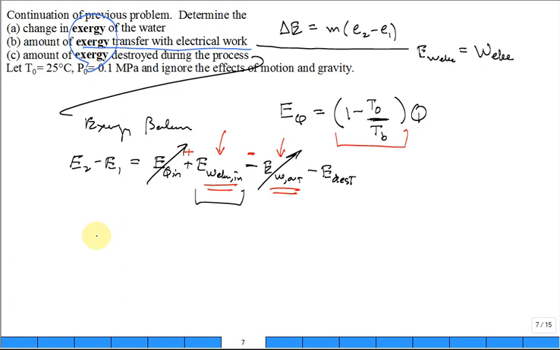So what we find is that the exergy destruction is equal to negative the change in the exergy plus the exergy transfer with the electric work in. Make sense?